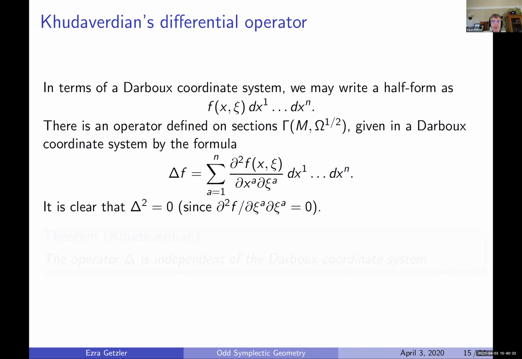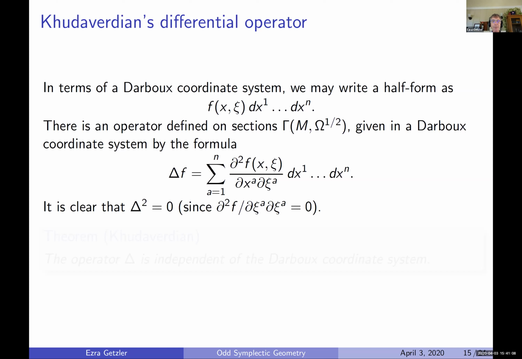So Khudaverdian, in a Darboux coordinate system, wrote down a differential operator. It's a second order differential operator, and it's given just by this explicit formula: we take second partial derivatives of the function in this local representation, and then use that to define a new half form. So I think it's almost obvious that this has square 0, because if you take the second partial derivative with respect to one of the odd coordinates, you're going to get 0.